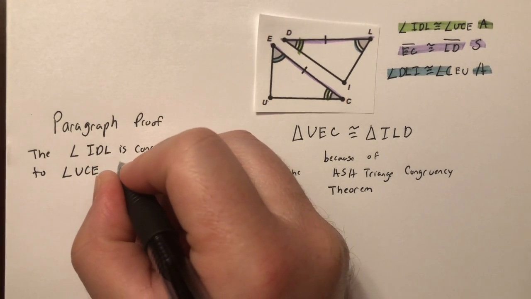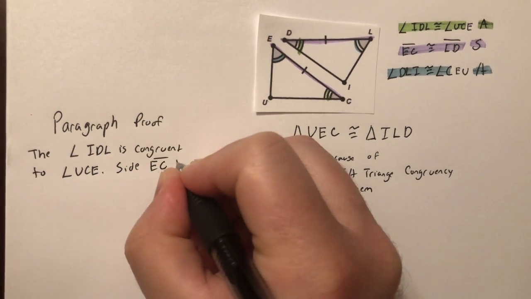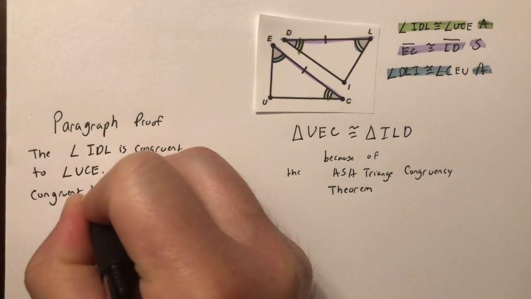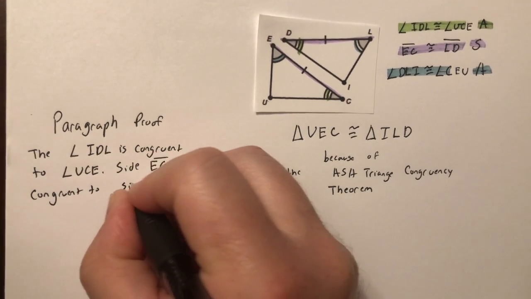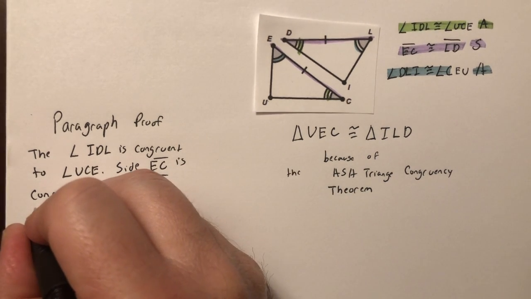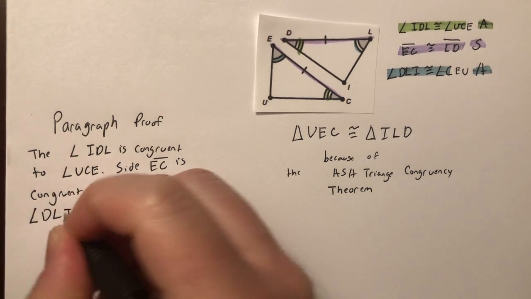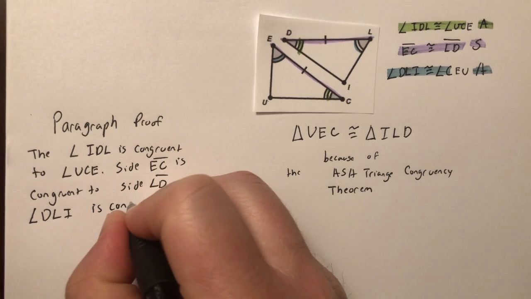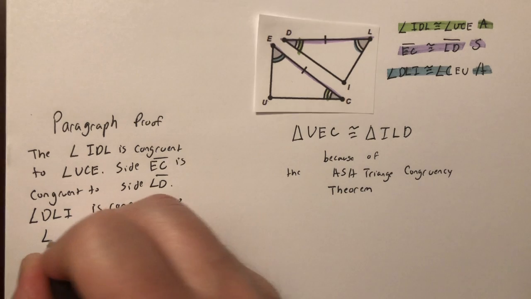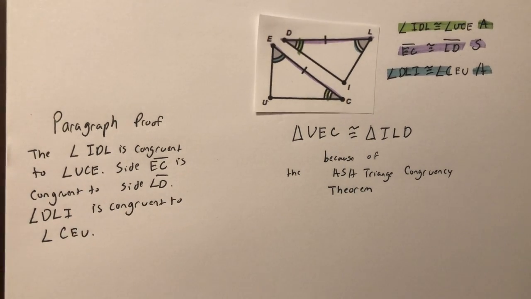Side EC is congruent to side LD, and then angle DLI is congruent to angle CEU. Okay?